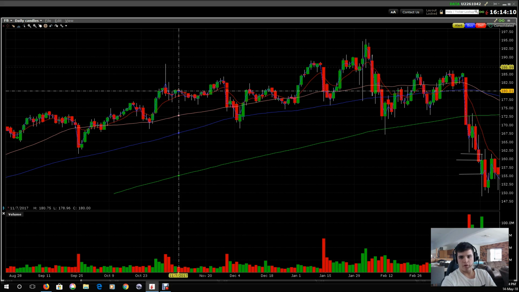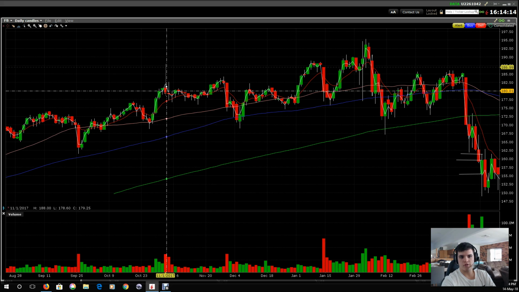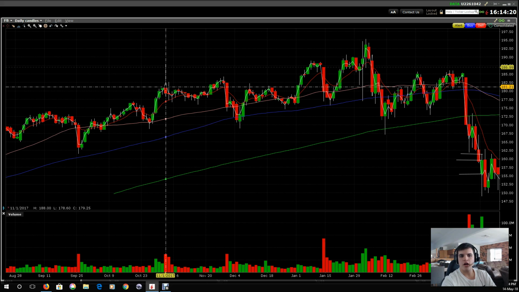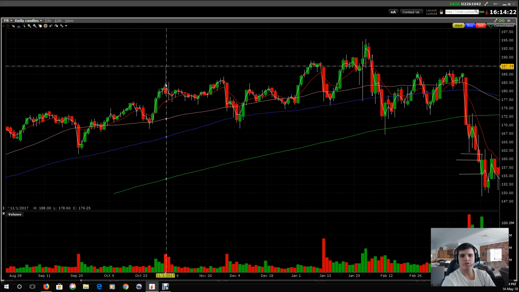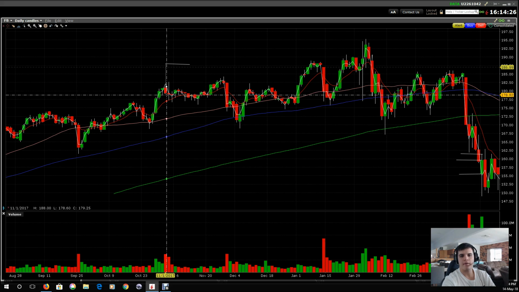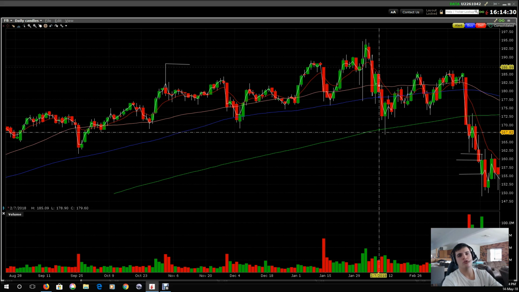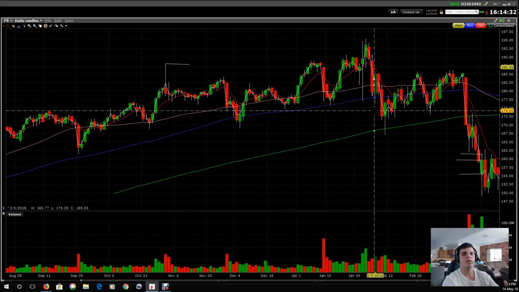For example, the line chart will just bring a line up here and then straight across to where this closed, which is there. In a line chart, you wouldn't have been able to see that the stock actually came up to here, $188, and then got rejected and came back down. You wouldn't see that in the line chart, but you see that in the candle charts because it shows you the full day's worth of price movement in the form of the candle.